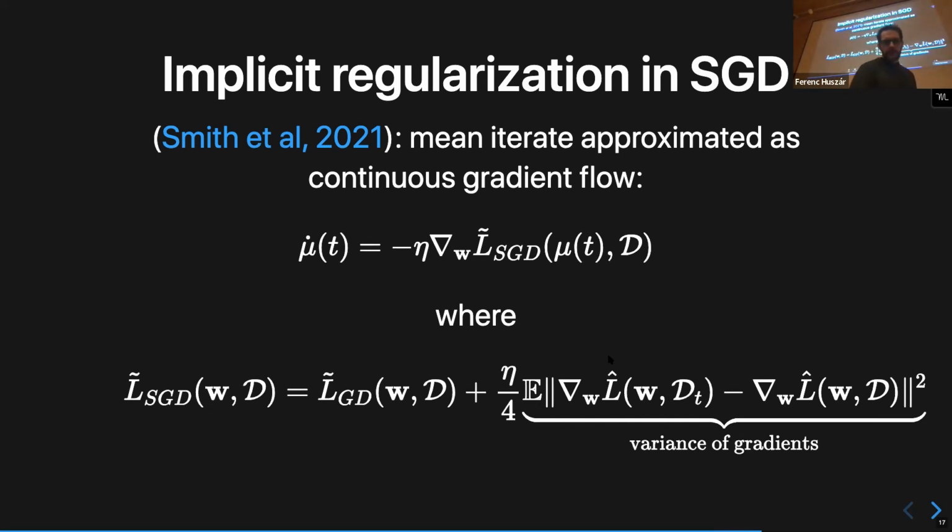So just to go through the points here, this thing here is the gradient on the whole data set. This is the average gradient across all your mini batches. And this is the gradient on just a single mini batch dt. So this is a random variable whose mean is the right hand side.